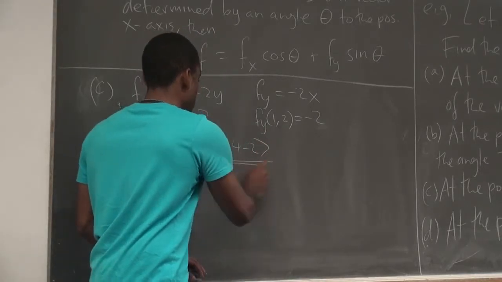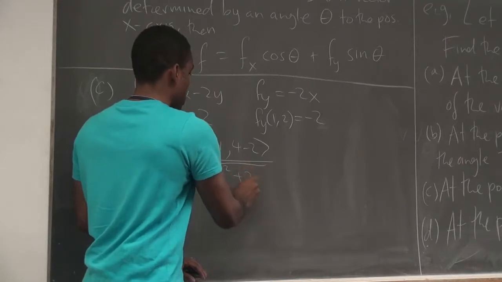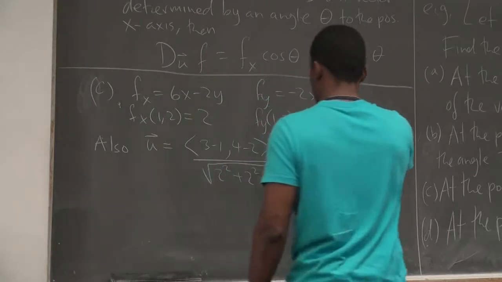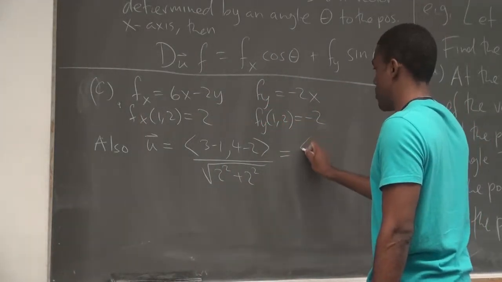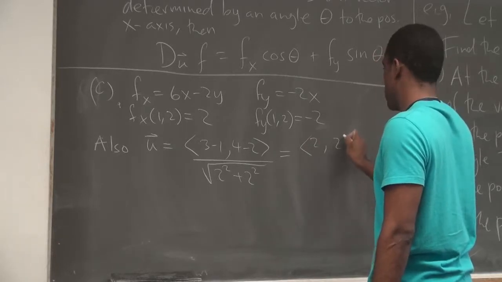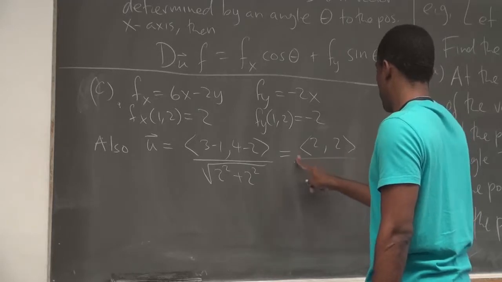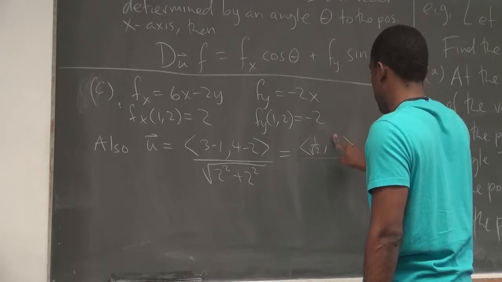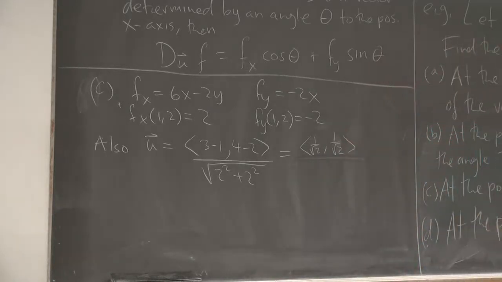Then we divide by its magnitude. So this is actually going to be the square root of 2 squared plus 2 squared. So in this case, we will have 2, comma 2 over 2 radical 2. So just 1 over radical 2, 1 over radical 2. And then you apply the formula with that.